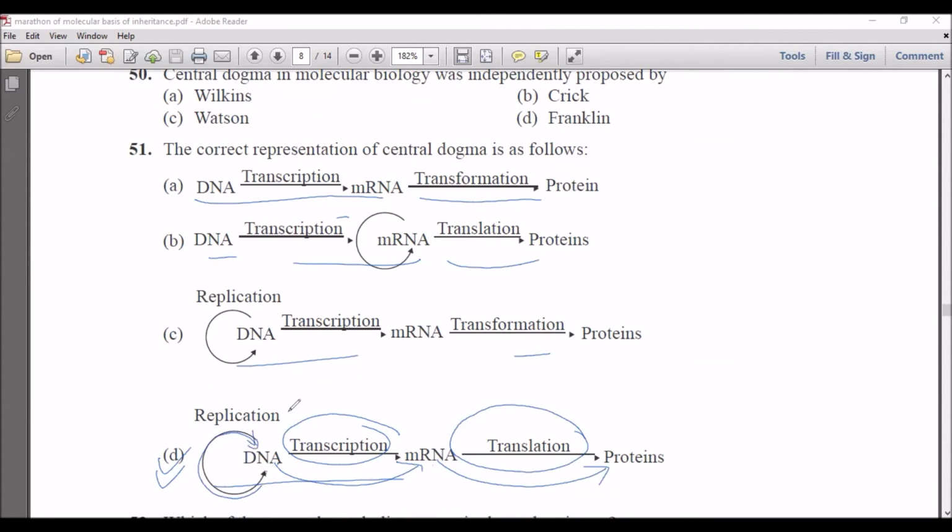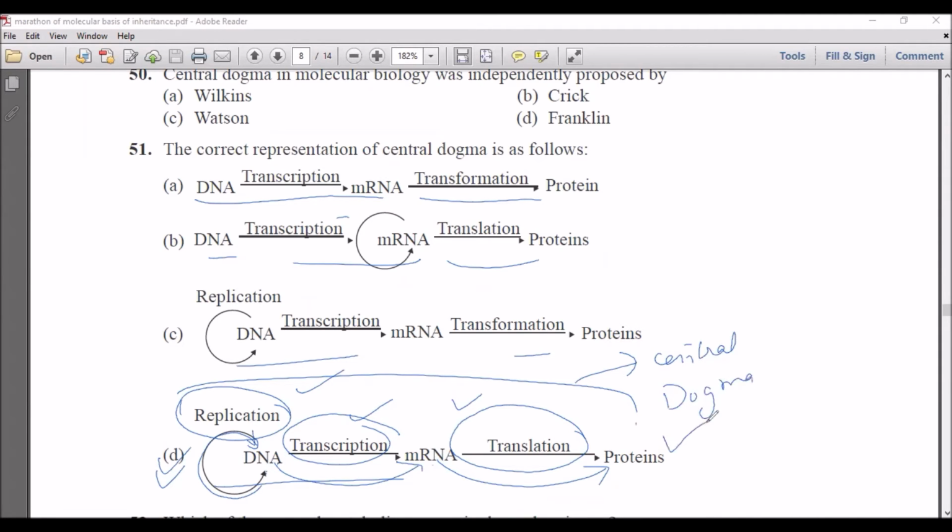Many copies of DNA are formed by the process of replication. So this entire thing, replication, transcription, and translation, forms the central dogma. So this is the correct representation of central dogma, which is showing the correct replication process, transcription process, and translation process.